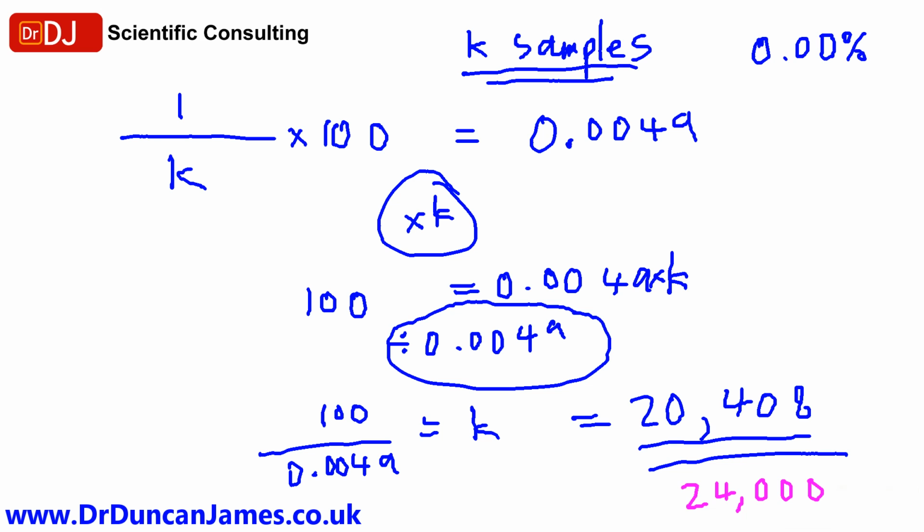It divides by 2, it divides by 3, it divides by 4, it divides by 6, and it divides by 8, and it divides by 12. It means I can do calculations in my head a lot more quickly. Anyway, that is actually why I use that number. But you could use any number greater than 20,408.